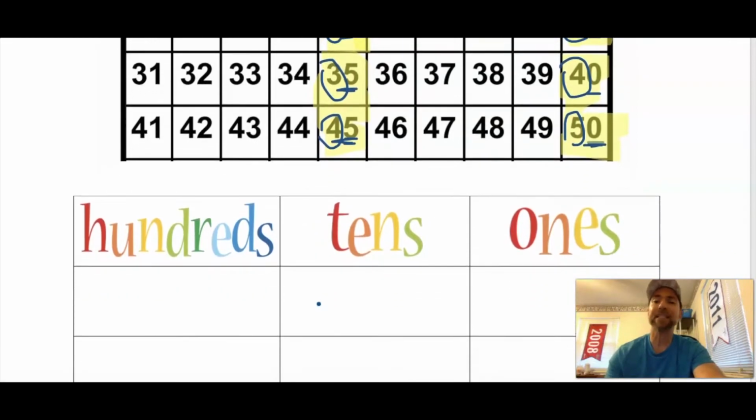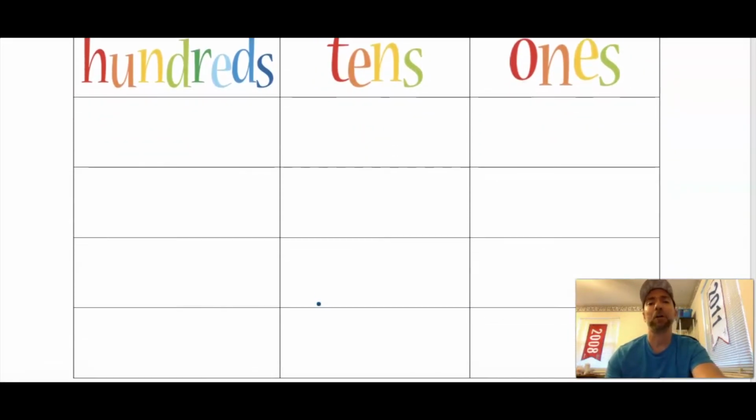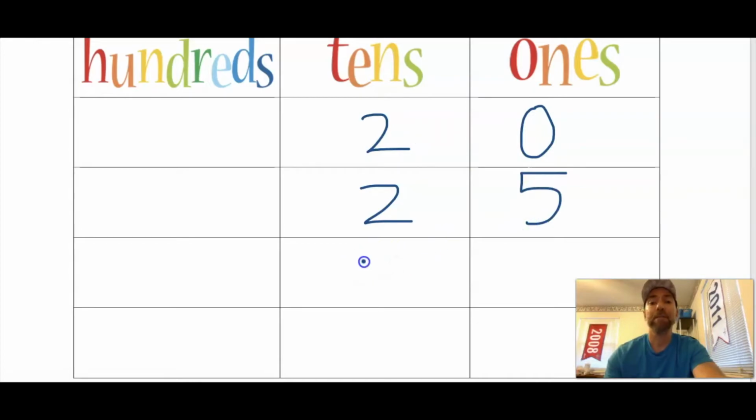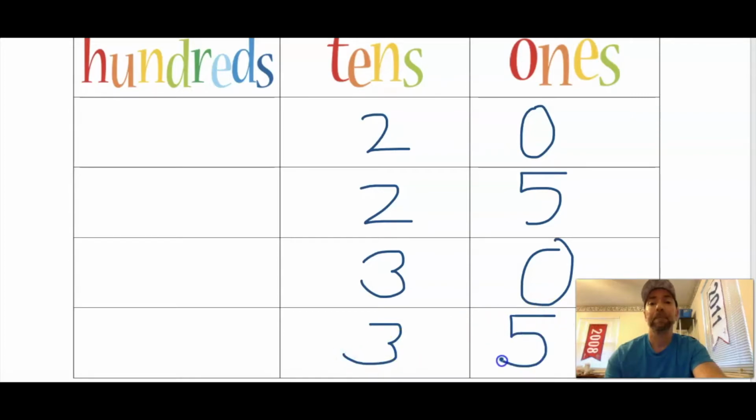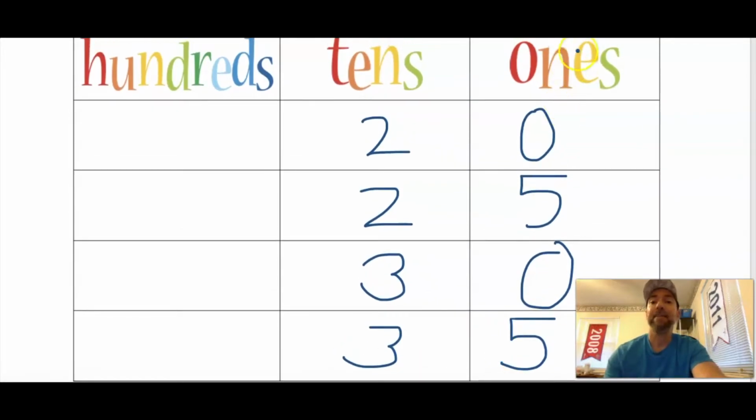So let me write some down so we can take a better look. Oh, let's see. 20, 25, 30, 35. And there you can see that in the ones place, I have all zeros and 5s.